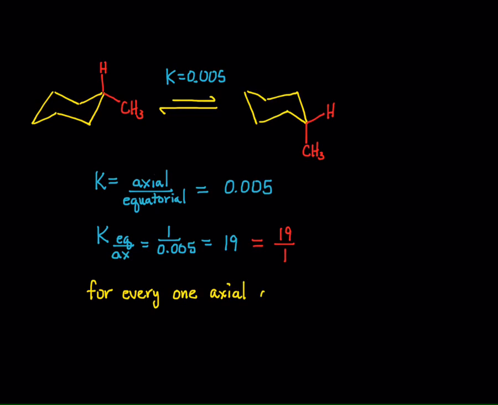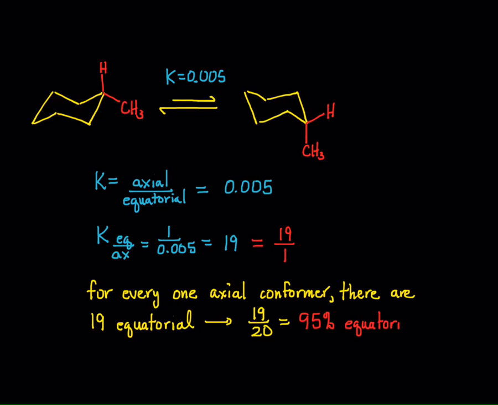So it's important to understand how we get our equilibrium percentage. If there's 1 axial, 19 equatorial, then I can take 19 divided by 20 total. That gives me 95%. So at equilibrium, 95% of all conformations are equatorial.